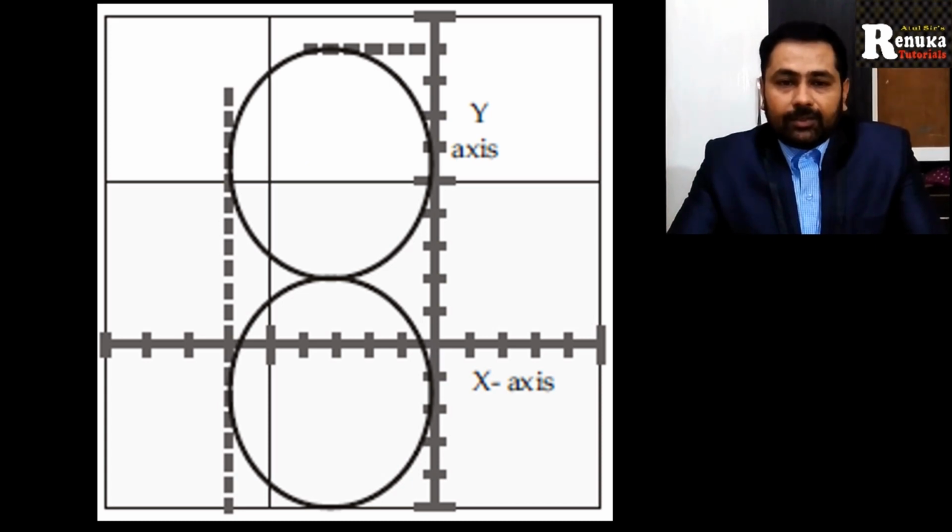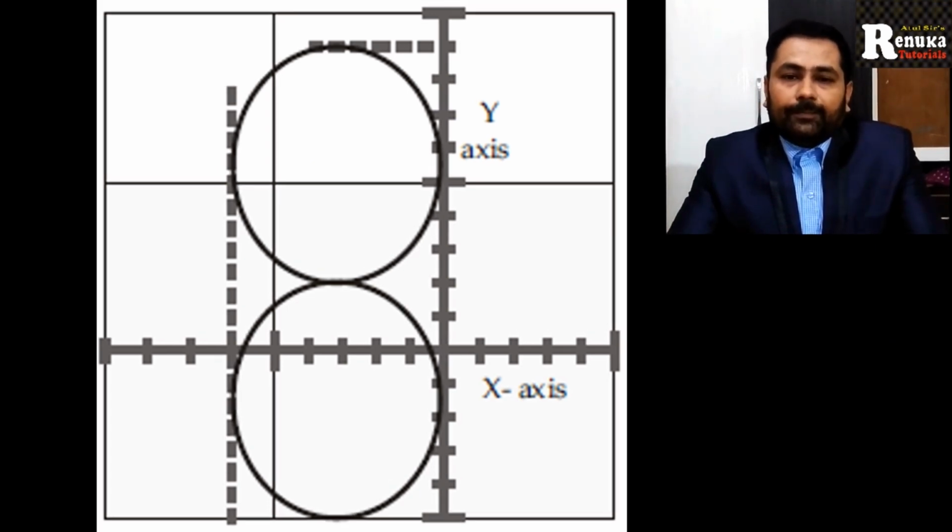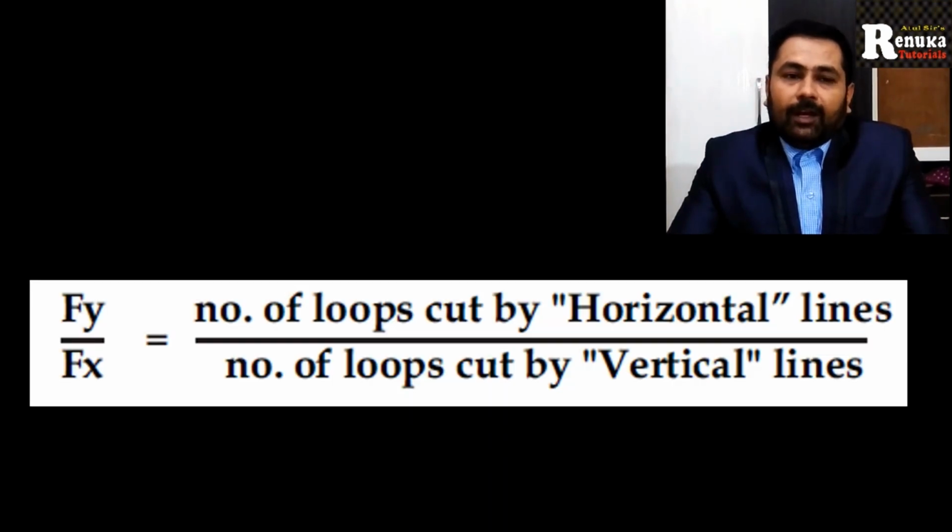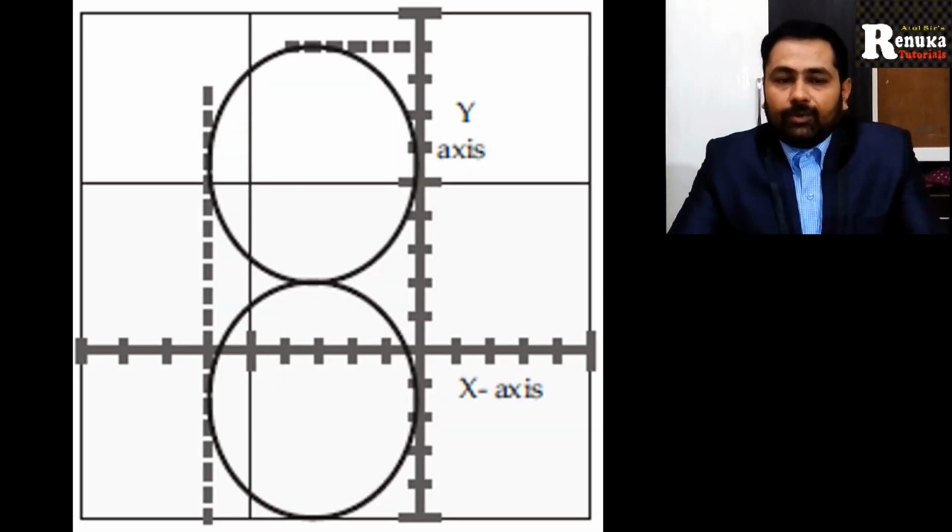See, a circle is shown here. Now we can calculate the frequency using this formula: fy divided by fx equals the number of loops cut by horizontal lines divided by the number of loops cut by vertical lines. Here fx is the known signal whose frequency is known to us from the function generator, and fy is unknown.